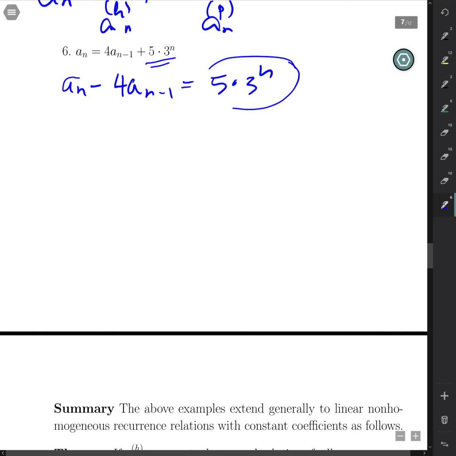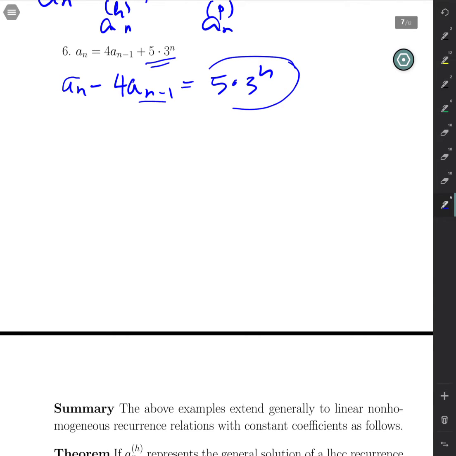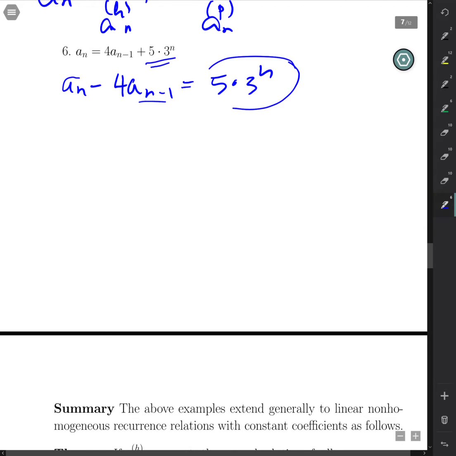And so I think it might be helpful to understand that if we have a power of 3 as our non-homogeneous part, our particular solution, then an is going to be a power of 3, and an minus 1 will be also a power of 3. It's going to be a little lower power of 3, but by multiplying by constants, we'll be able to bring that up to the 3 to the n.